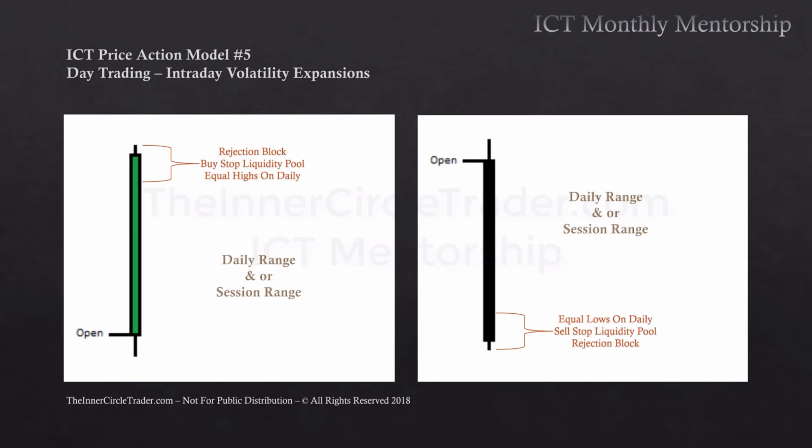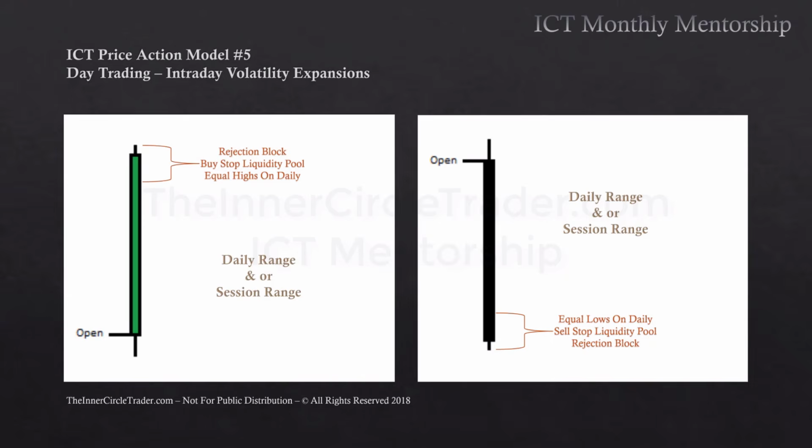Now, because it says on the daily here, don't lose sight that we could also be looking for intraday or intra-week equal highs. That may be a PDA that may be of importance, and why the market should expand up to that price point.